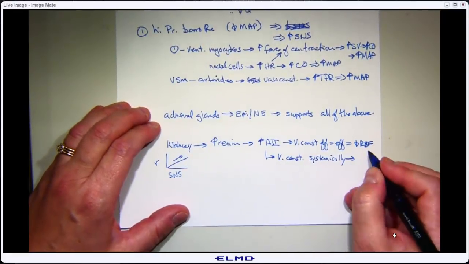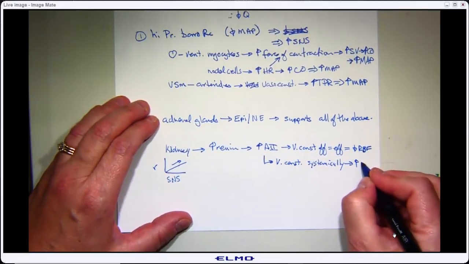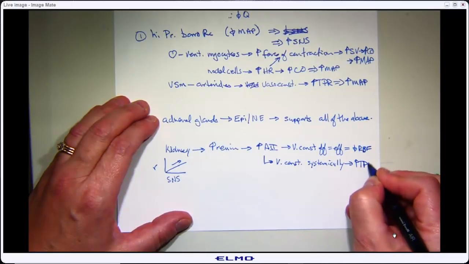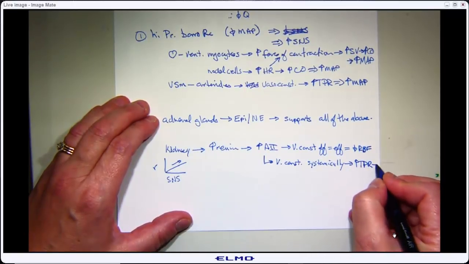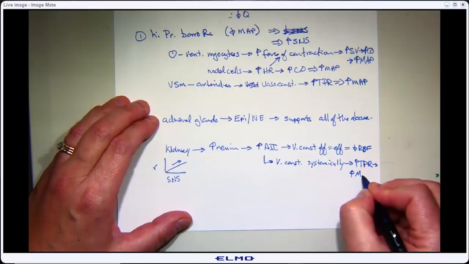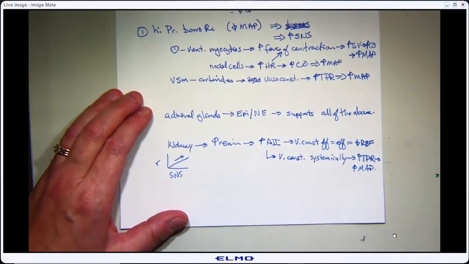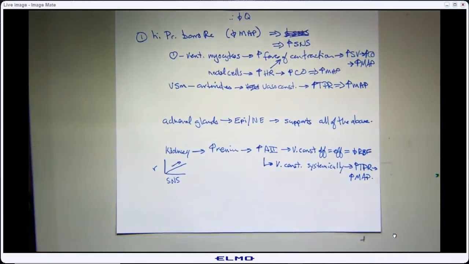So this is going to be a maneuver to help us with an increase in total peripheral resistance to increase mean arterial pressure. Okay, so now we're bringing on our hormones. We had a change in total peripheral resistance based on direct nervous innervation, and now we're bringing the hormones on board, okay?